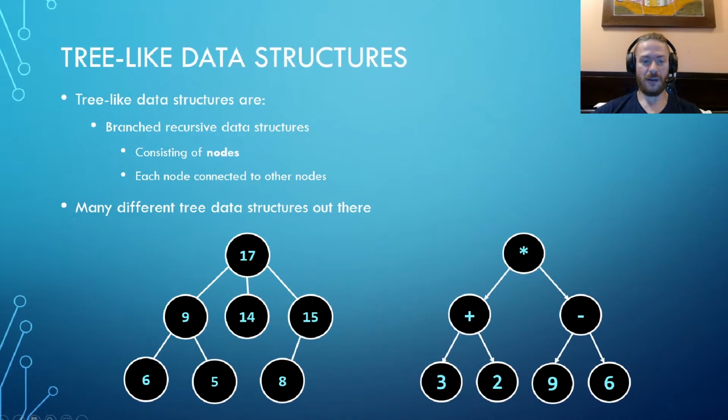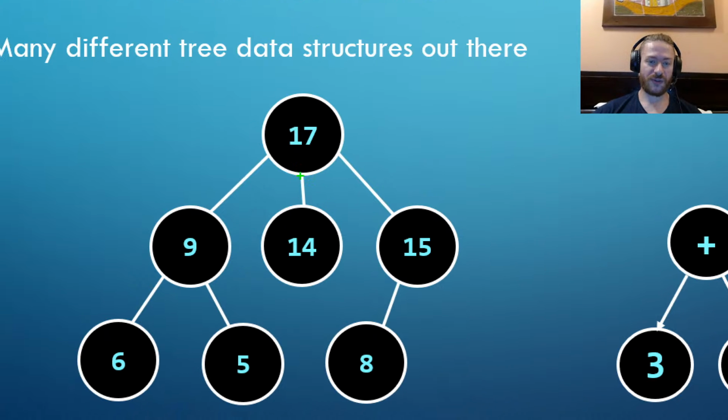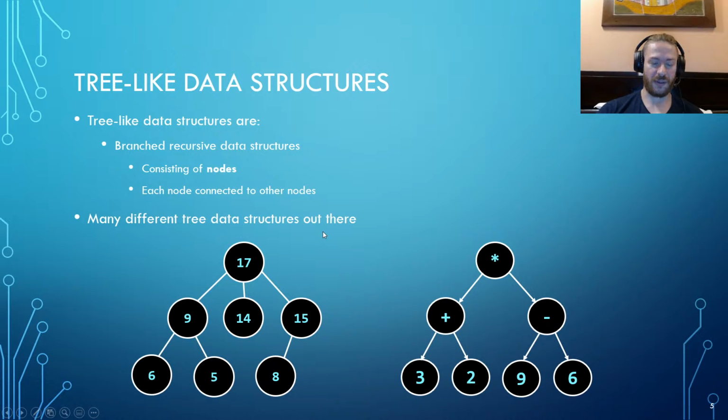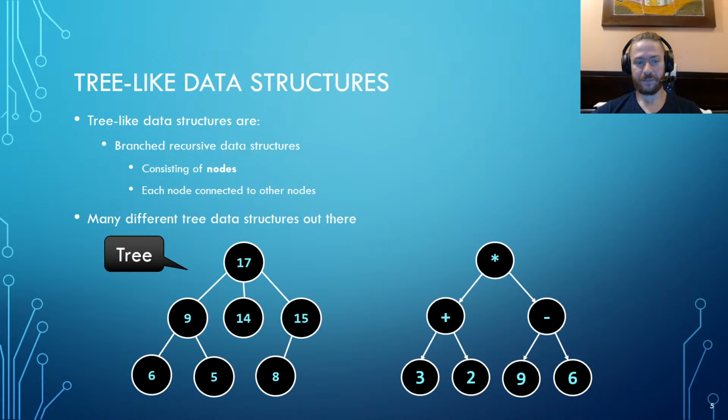Most of them look like this. We have a starting node at the top of the tree, and we have descendants, which often are called children. So these nodes here are children of the parent node above. I'm going to cover all the different definitions in tree data structures in one or two slides.